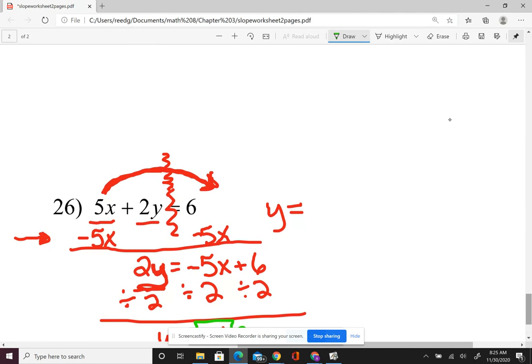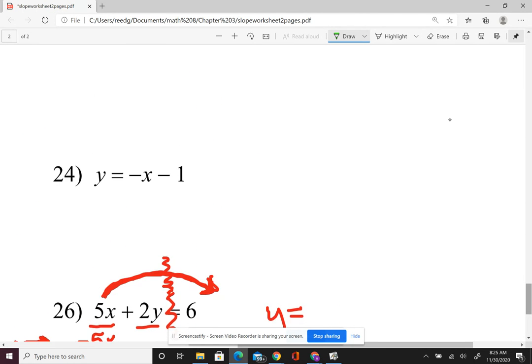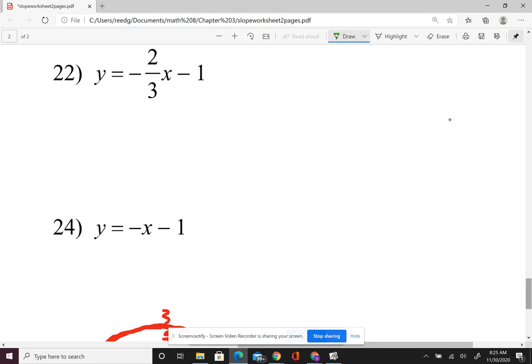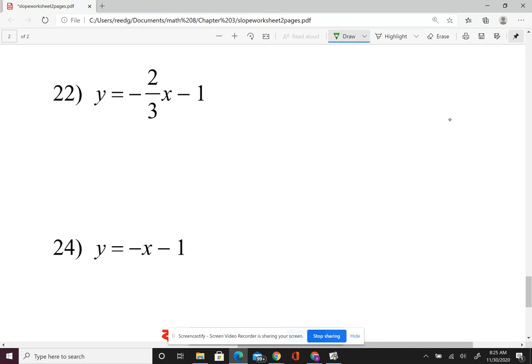If you already have it solved for y, like in these other ones, you just take the number that's in front of the x. Now, what's the number in front of the x on number 24? 1. So negative 1 is going to be our slope for that equation.